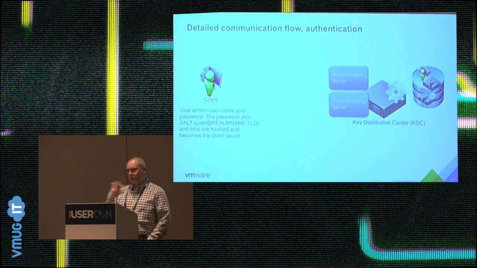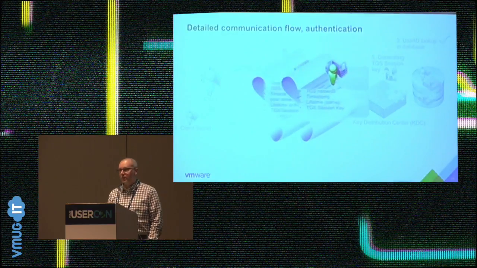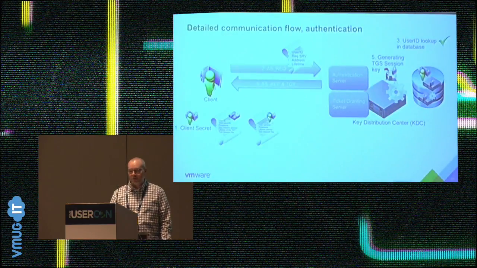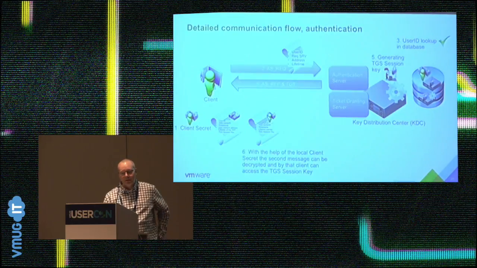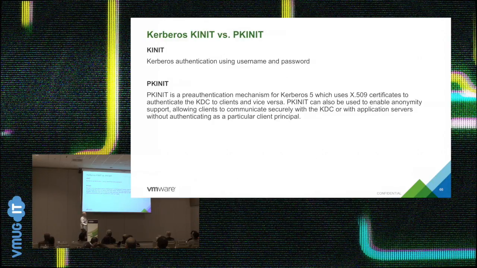So the resource decrypts the message, sees my name, and says, yes, you are Peter Björk. So just to give you a flavor of the kind of animations that I spent weeks on doing. It's very, very detailed. And the whole purpose is to explain this flow. This is actually the correct Kerberos flow.